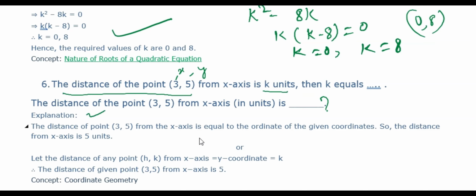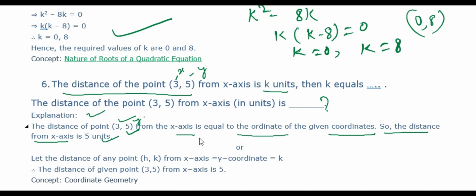What is the explanation? The distance of point (3, 5) from the x-axis is equal to the ordinate of the given coordinate. Ordinate of the given coordinate. So the distance from the x-axis is 5 units. We will take the y coordinate, right? So our answer would be 5.